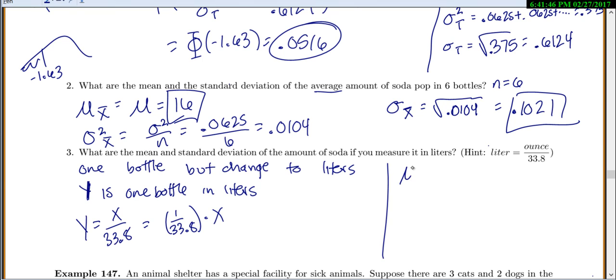So now to find the mean and standard deviation, what's the mean for Y? If you're looking at means or expected values, what happens to that number? It just comes right out, right? So it's going to be 1 over 33.8 times the mean for X, or 1 over 33.8 times the old mean, which was, what's the old mean? 16.